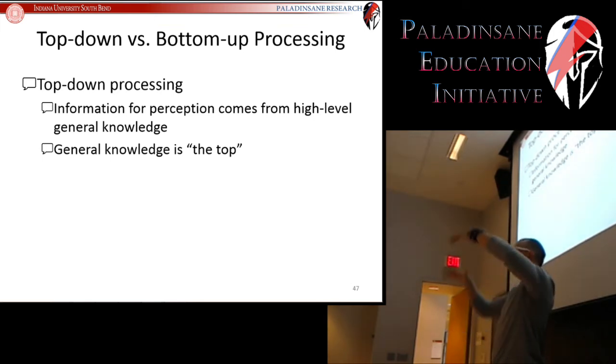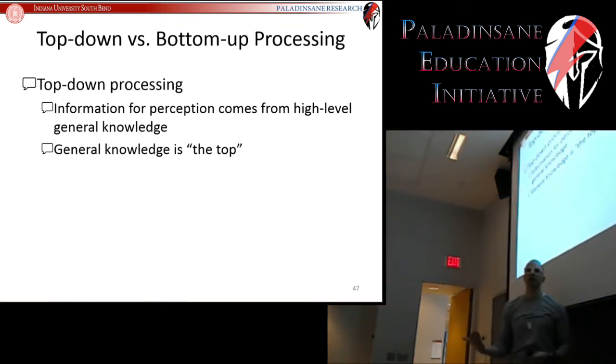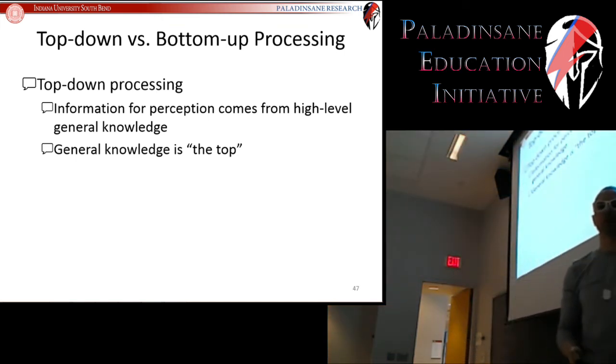So top-down processing is the idea that the important part of perception is the previous knowledge, the other representations that you can bring down from previous experiences to interpret that stimulus. The important part is what comes from the top, what comes from your higher cognitive general knowledge.